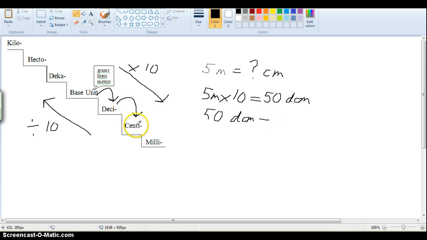We need to go down 1 more step to centimeters. Times 10 equals 500 centimeters.